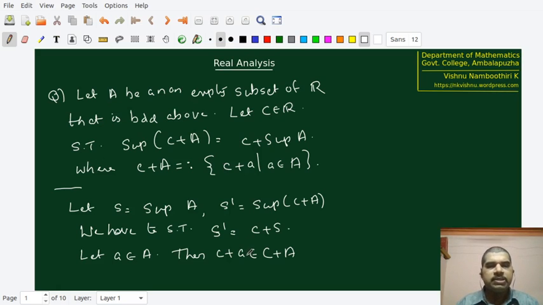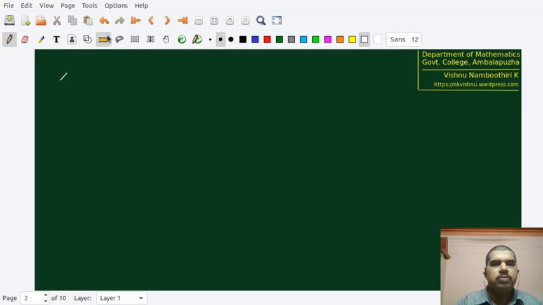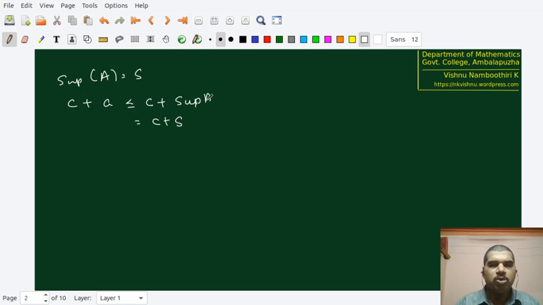The supremum of A we have assumed to be equal to S. Therefore, C plus a is less than or equal to C plus supremum A, that is equal to C plus S. So C plus a is less than or equal to C plus S, where S is the supremum of A.